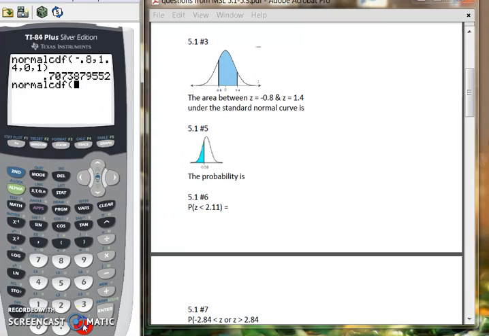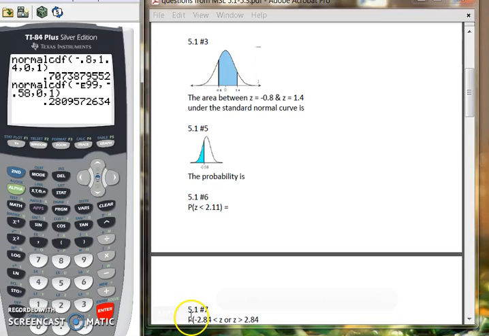So we're going to do negative, and here's where we're going to use the second comma, which is EE, which gives us E. This is scientific notation. So 99, it's as large as exponent as we can use, comma, up to negative 0.58, comma, still a standard normal curve, so we're going to do 0, comma, 1, close your parentheses.